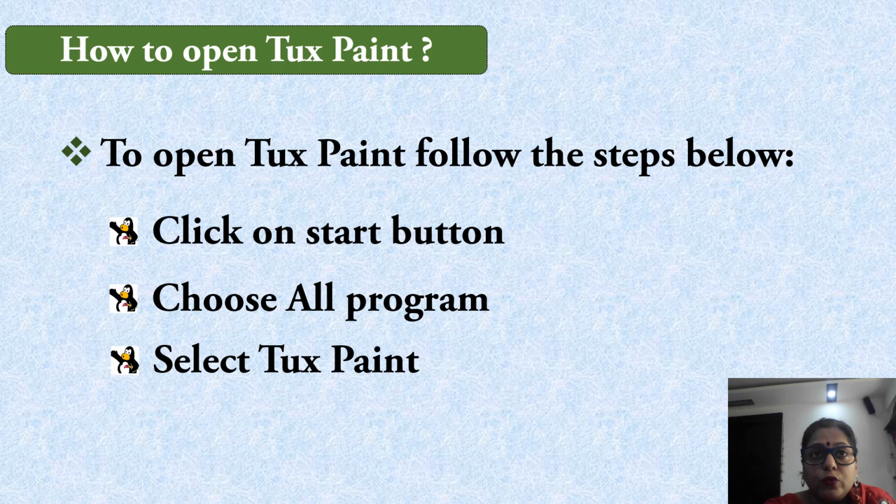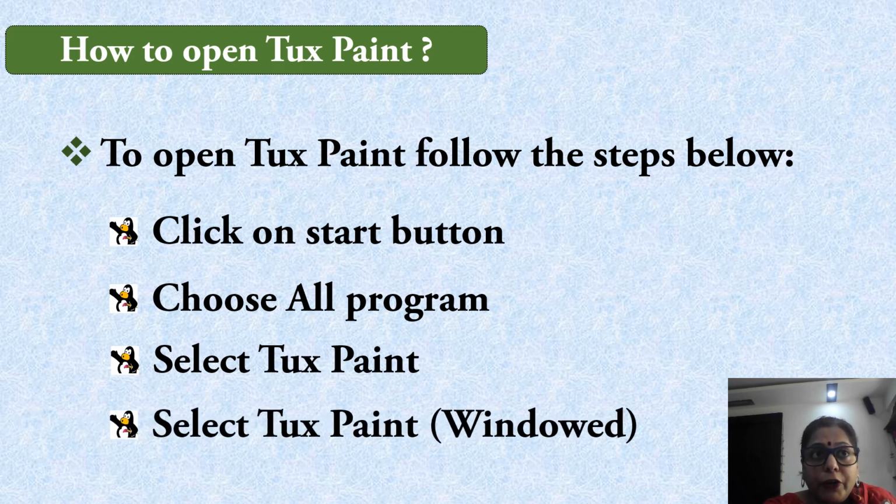In that, you have to select TuxPaint window. Here, there are two forms of TuxPaint. If you want to draw in full screen, then you can open TuxPaint full screen also. Okay.